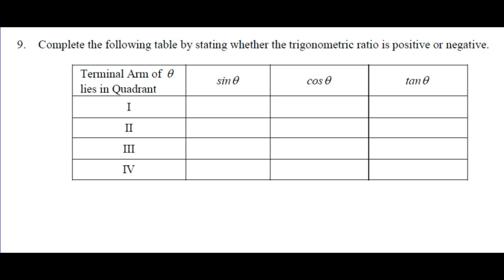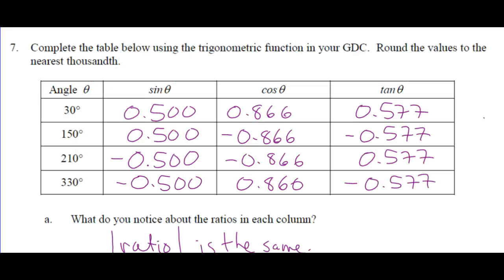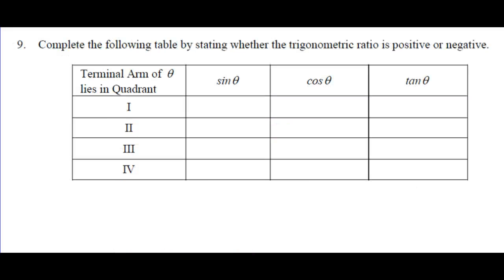Complete the table by stating where the trig ratio is positive. So do you remember the CAST rule? Okay, this is the CAST rule. We'll fill in the table and then let's see what happens. You just look back at the previous table and you're just saying, okay, positive, positive, negative, negative. Positive, negative, negative, positive, and positive, negative, positive, negative, right?